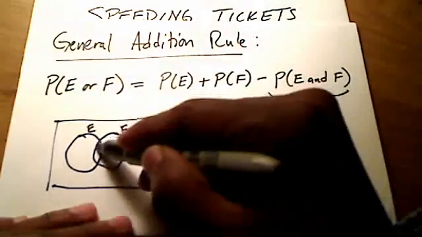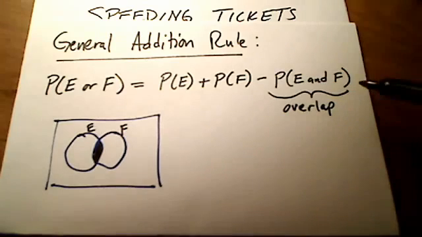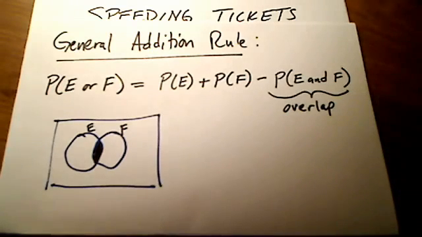Where they intersect must be taken away because you don't need to count that more than once, you don't need to count that twice.